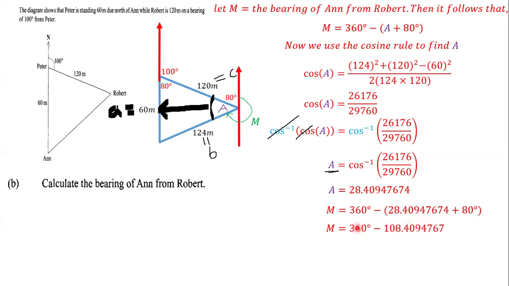Then we subtract it from 360. When we take away this sum from 360, we get 251.5905233, and that is what the bearing of Anne from Robert is equal to.